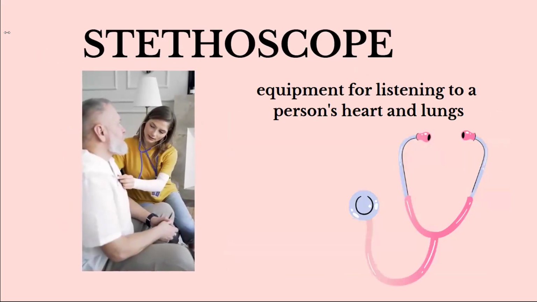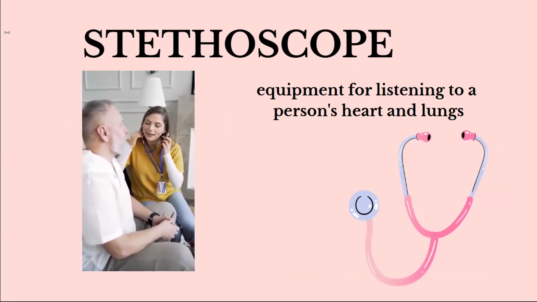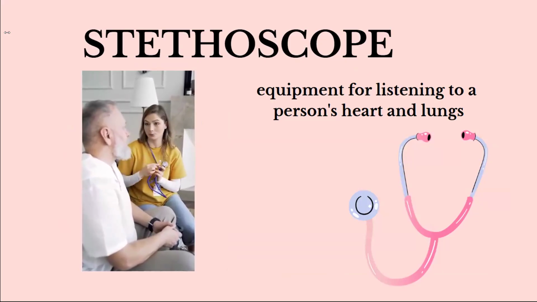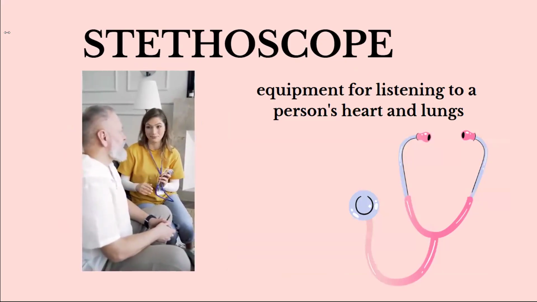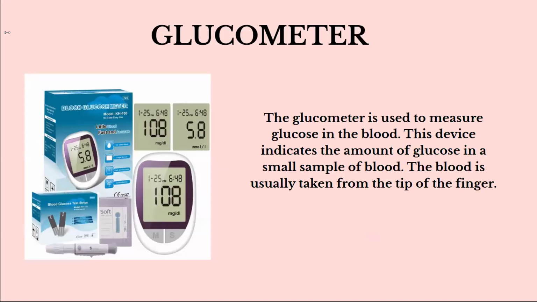So, stethoscope. A stethoscope is equipment for listening to a person's heart and lungs. Nowadays, many medical professionals don't use it because it was replaced by this tool, right? So now, glucometer.